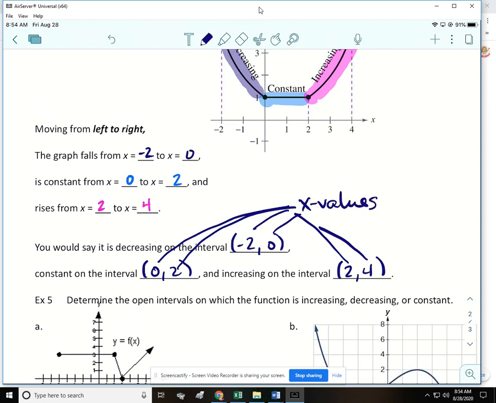Never, ever a y value when we're talking about these intervals. All right, and we also use parentheses because at 0, it's changing over from decreasing to constant. And so you wouldn't include it in either one of them. So on these intervals of increasing and decreasing, we're always using parentheses.